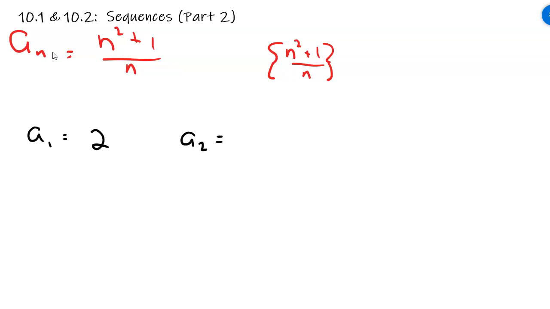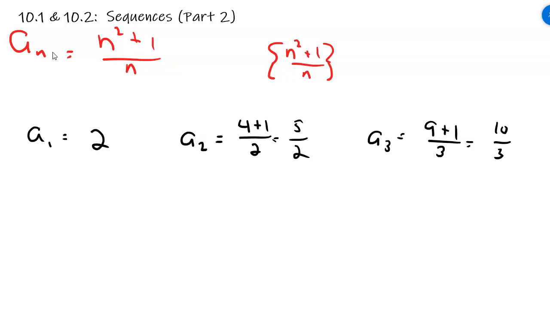A sub 2, 2 squared plus 1 is 4. So I get 4 plus 1 over 2, which is 5 halves. All right. If I put in a 3 for n, 3 squared is 9. 9 plus 1 over 3 is going to be 10 thirds. And then if I do a sub 4, the fourth term is going to be 17 over 4.